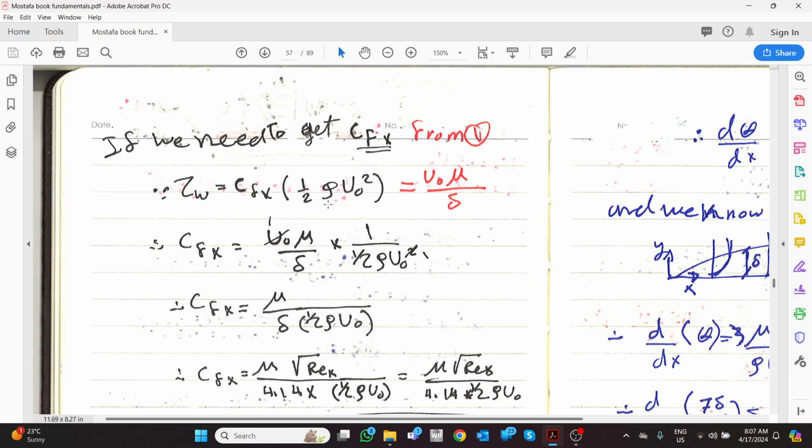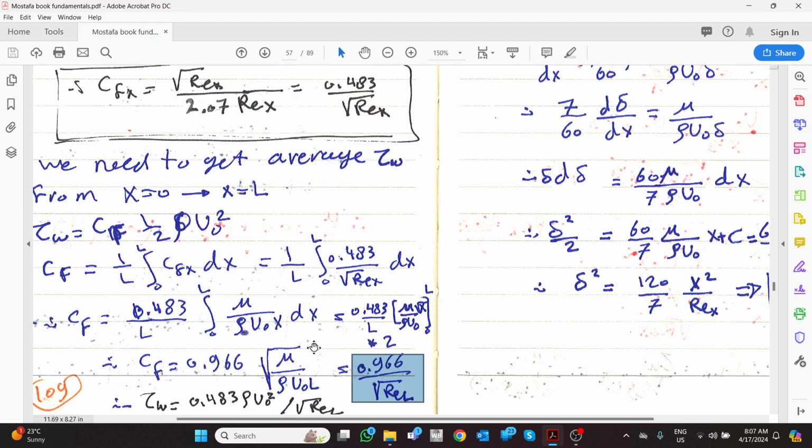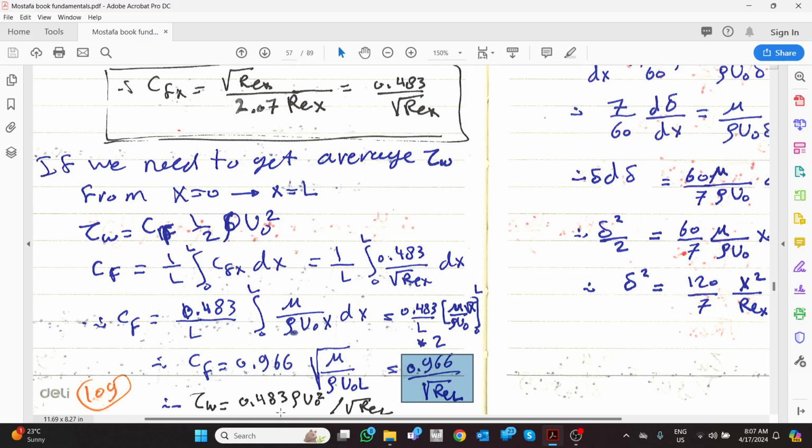Of course, if you multiply by half and rho and u square, you will get rho and u, and half of this number is this number, by the way. And it is multiplied by mu. Half of this number is this number, and this term is 1 over root RL. So you will have this formula.